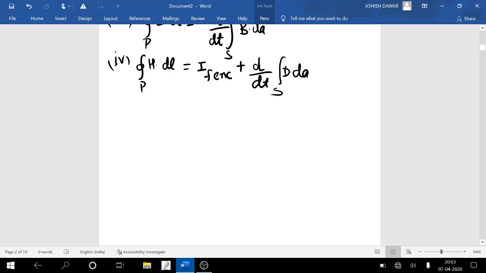So for equation 1 we consider a thin wafer, a tiny, thin Gaussian pillbox. Here we're drawing.